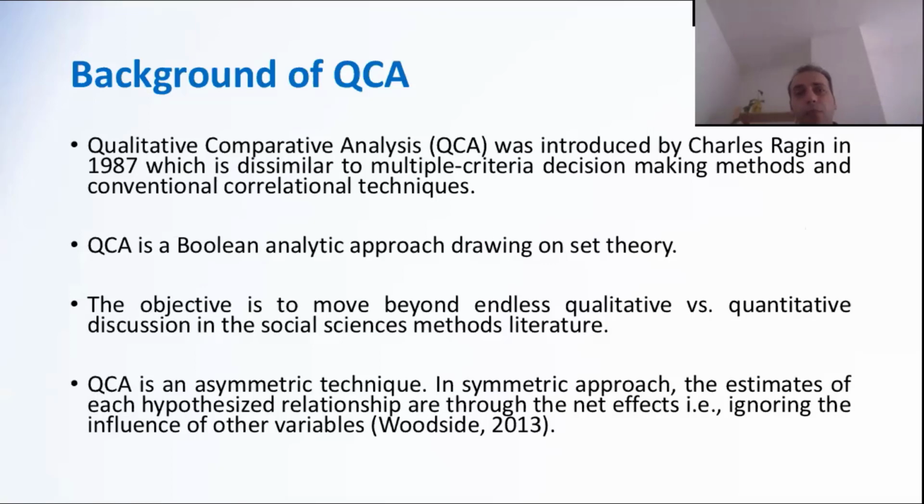QCA is a Boolean analytic approach drawing on set theory, following the line of work by Prof. Zadeh. And the objective is to move beyond endless qualitative versus quantitative discussion in social sciences methods literature.